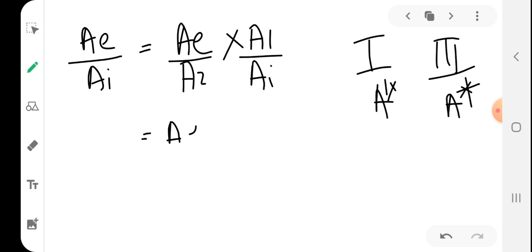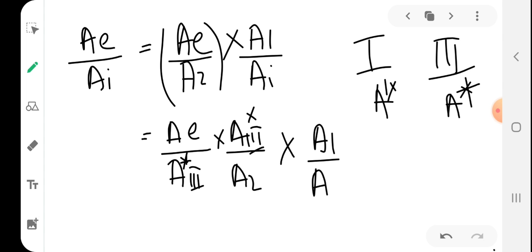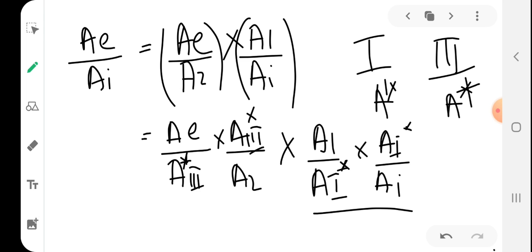So AE by A2 can be written as AE by A3 star into A3 star by A2, and into A1 by A1 star into A1 star by AI. This is very important. You should arrange it like this, then only you can solve this kind of problem. The same method applies to any similar problem.